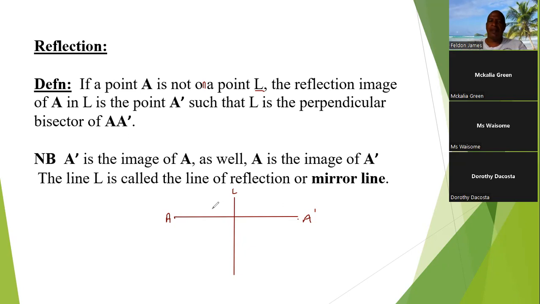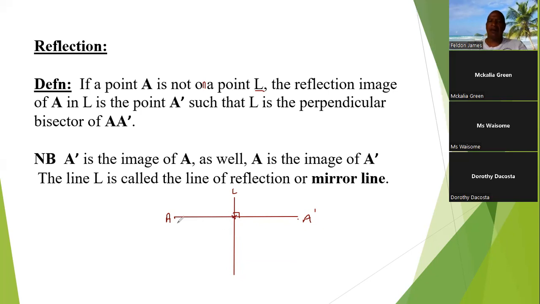So remember, a perpendicular bisector means, one, L is perpendicular to the line A to A dash, meaning it forms a right angle to the line A to A dash. And it is a bisector. So if it is a bisector of the line A to A dash, it means that it cuts the line A to A dash into equal parts. So in the middle here would be half of the line from A to A dash.